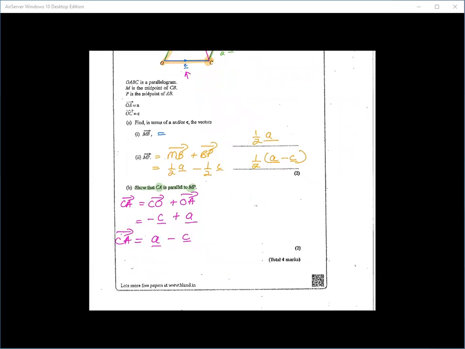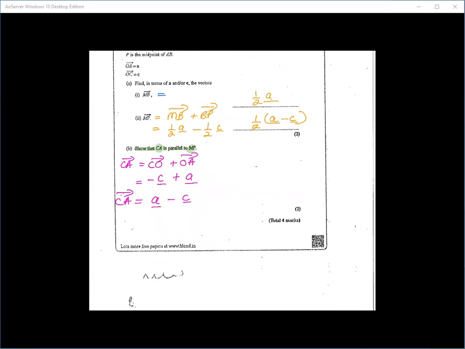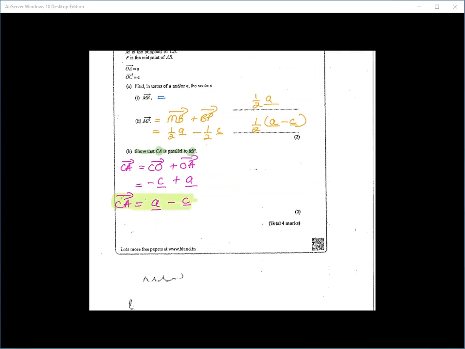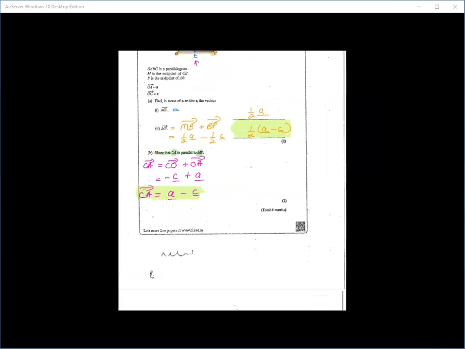Okay, next. They want you to compare this vector here, CA, and they want you to look at MP. MP is over here. This is MP. So how would you show that they're parallel? They both have a common multiple.